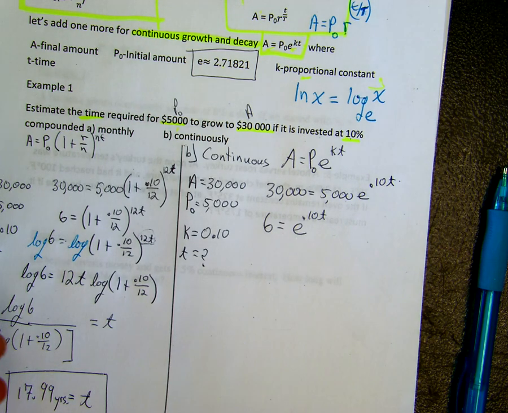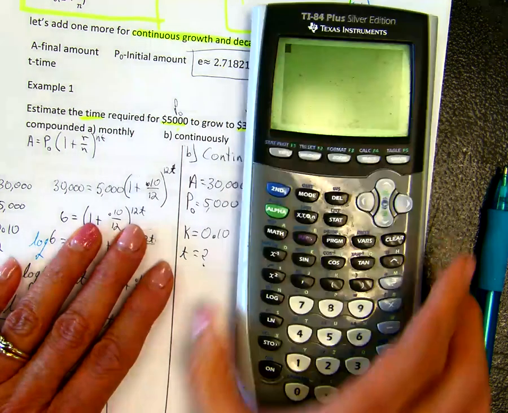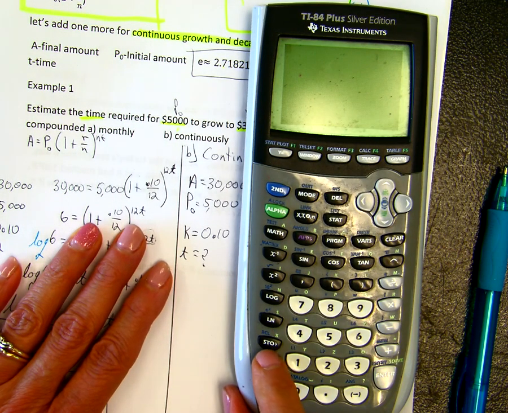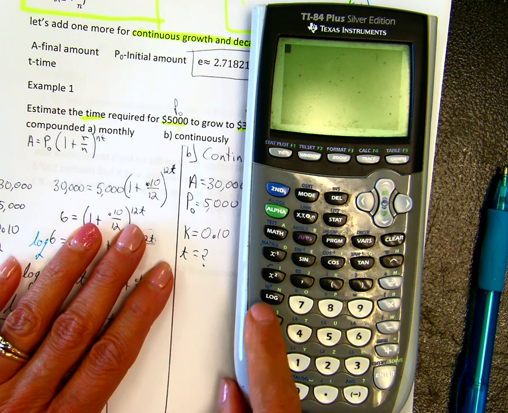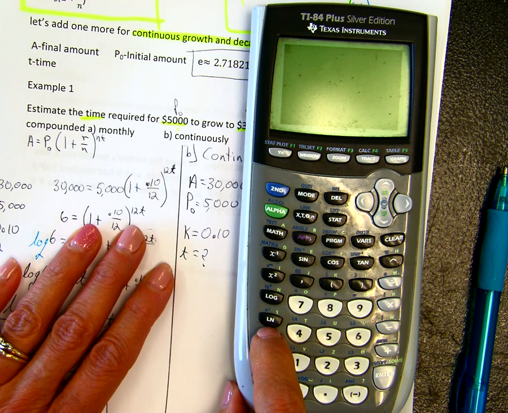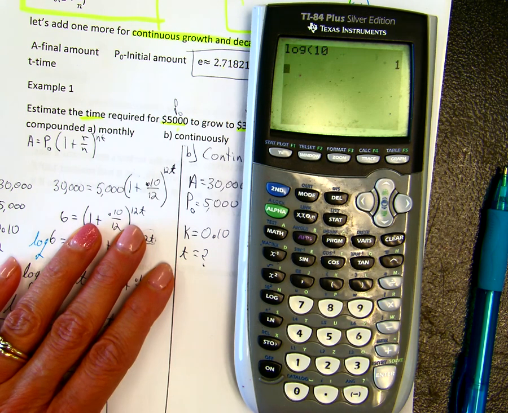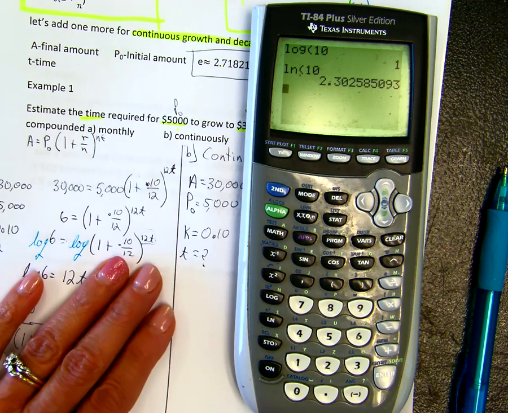So the base e is called the natural base for the logarithmic function. It comes up so often in the natural sciences that we give it a special name, ln. And as I said earlier, you have two ways to calculate a log on your calculator, a base of 10, and this one is the base of e. So if you want the ln of 10, you're calculating it to a different base.